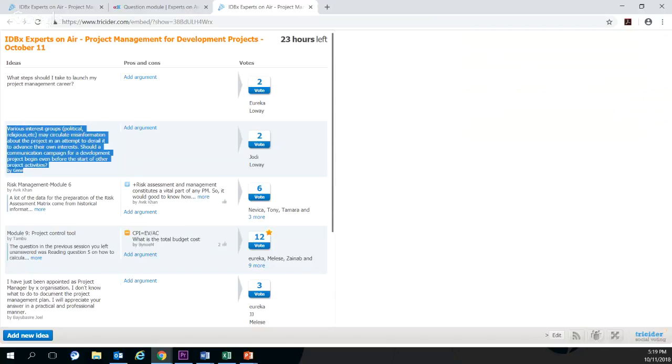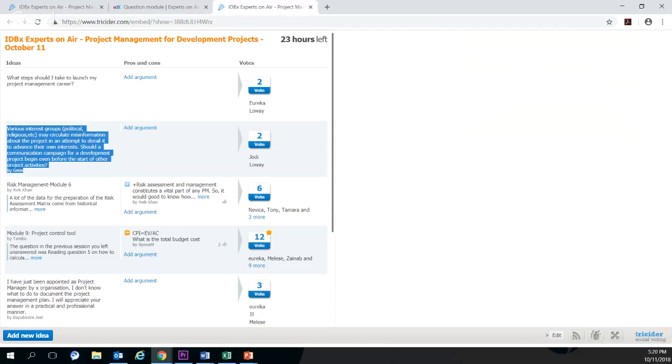So you want to first identify who are these various interest groups that could circulate misinformation. You want to basically not run into trouble. So you identify who these groups are, and you engage with them even maybe before the project officially starts. You want to think about your communication strategy, your stakeholder strategy, and really focus on these activities right from the start.